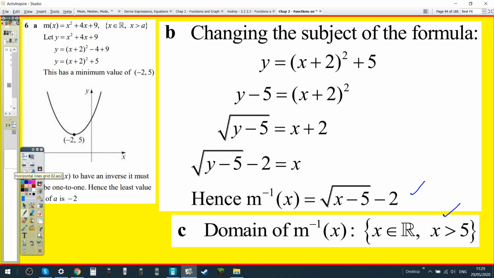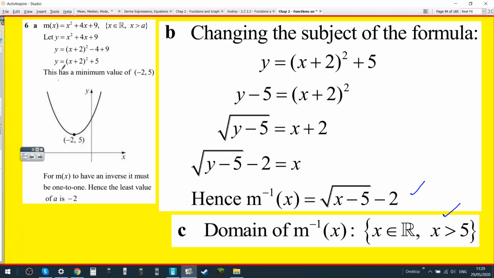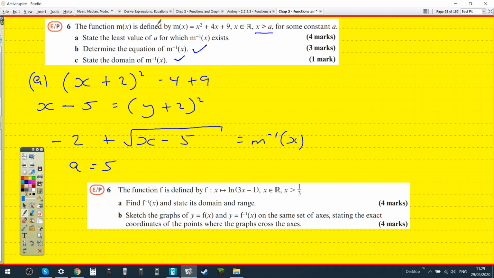Yep. Where is this a for the other question? Minus 2, 5. Oh, hang on. State the least value of a for which an inverse function exists. Sorry. This first one, part A, was for the m of x. Right. Okay. Yeah. So for that one, x is greater than a.